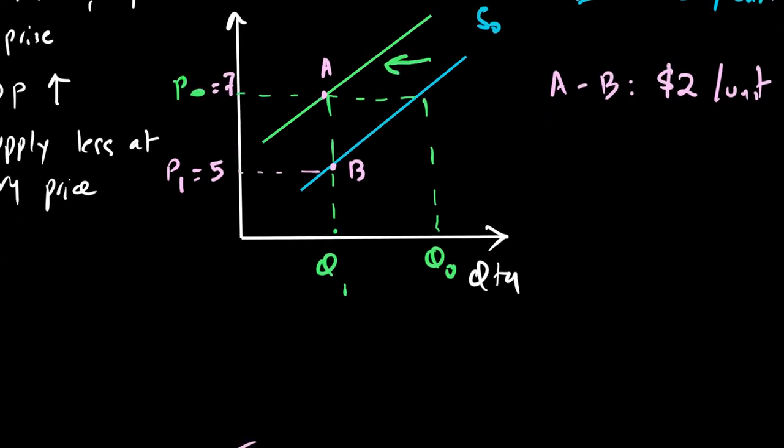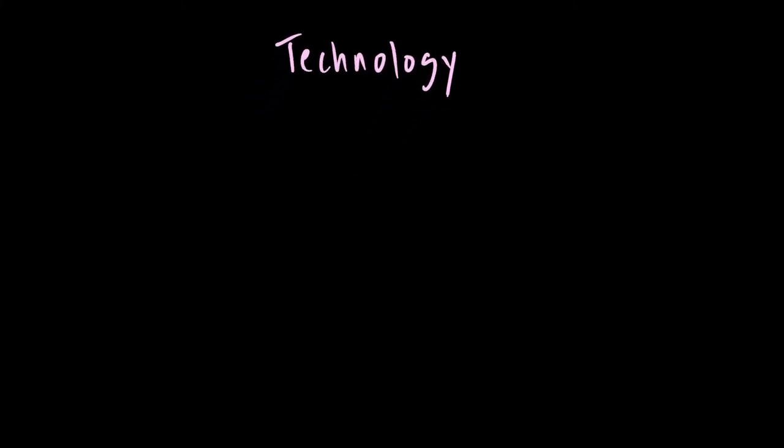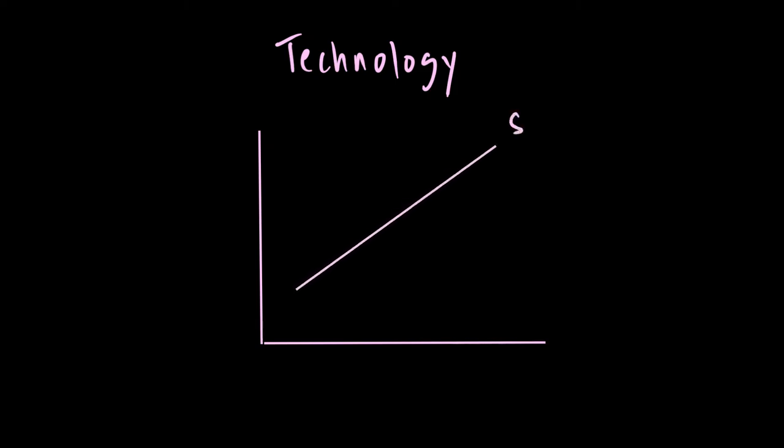Another important factor that can change our costs of production in the long run is technology, and technology changes can be shown through shifts of the supply curve. Let's say this was your supply curve before, and there is an improvement in technology. This improvement in technology results in the cost of production going down.